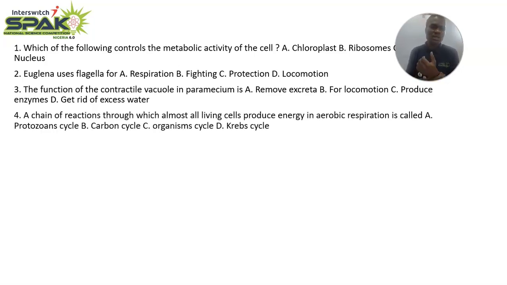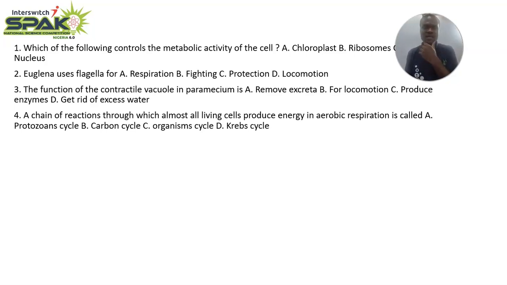The next question says, a chain of reactions through which almost all living cells produce energy in an aerobic reaction is called dash: A, protozoan cycle; B, carbon cycle; C, organism cycle; D, Krebs cycle.